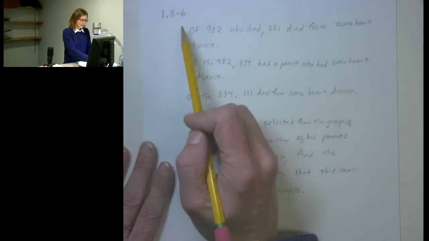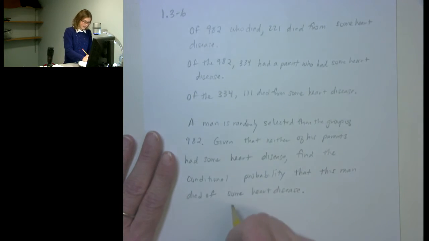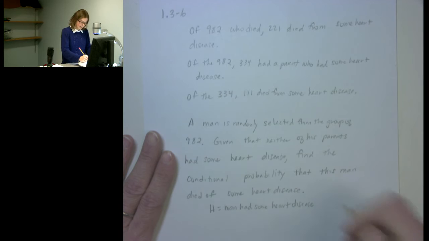So first of all, just thinking about the information we're given, if I say H is that the man had some heart disease, and I'll call R is that the man had a parent with some heart disease.